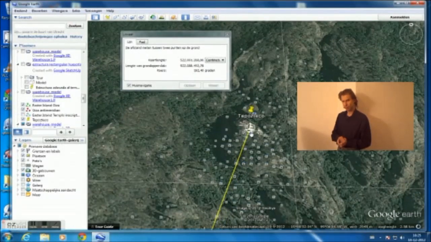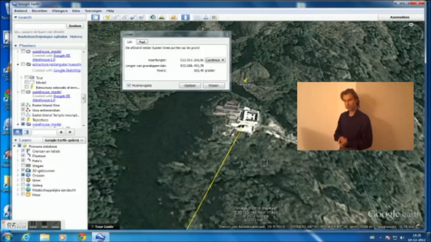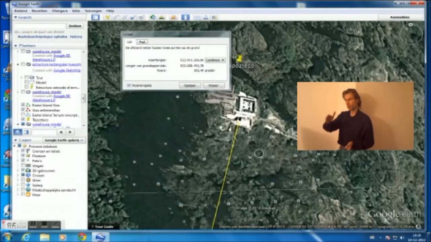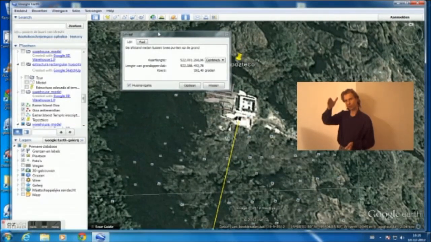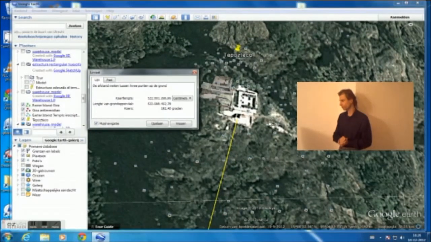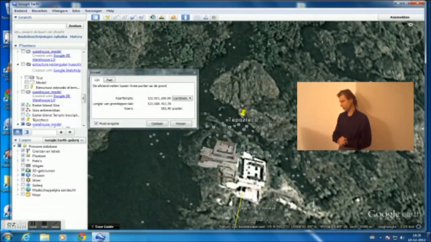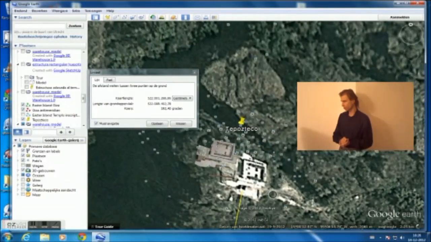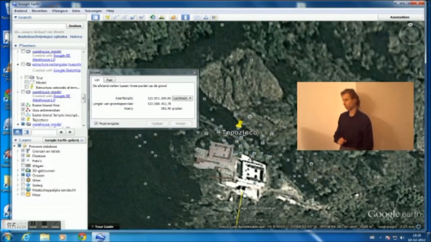Tepozteco is a place very high in the mountains, on the top of a very steep mountain. But with our measure tool we can check it out, you can do it yourself, and here we go. The 3D model is a little bit to the side of the real picture again, so that is good.